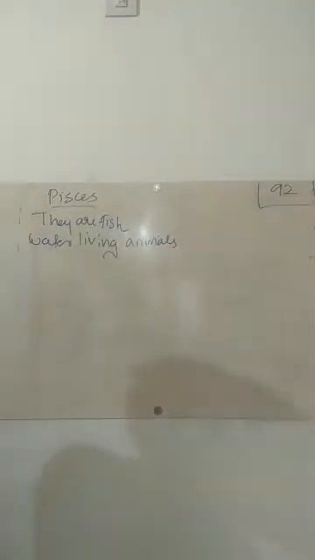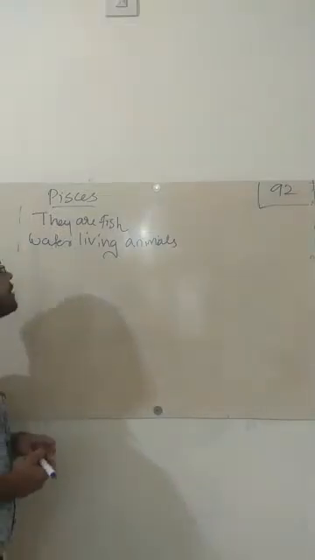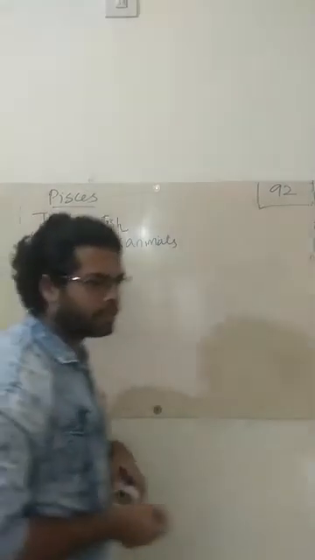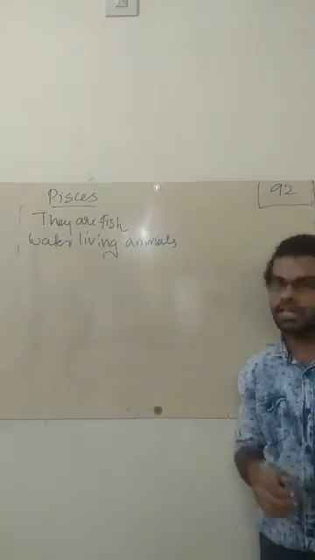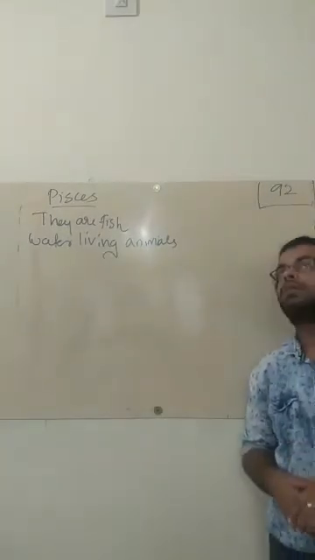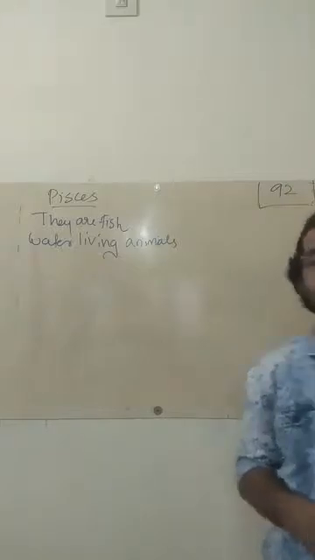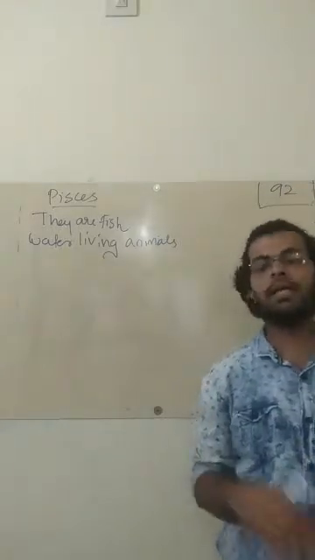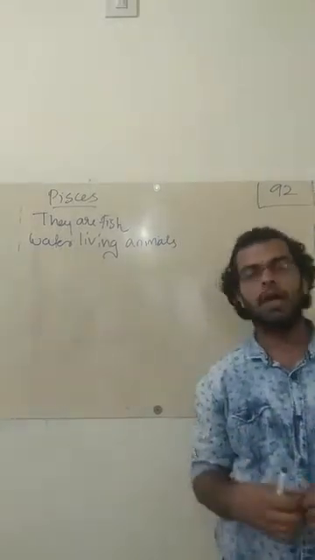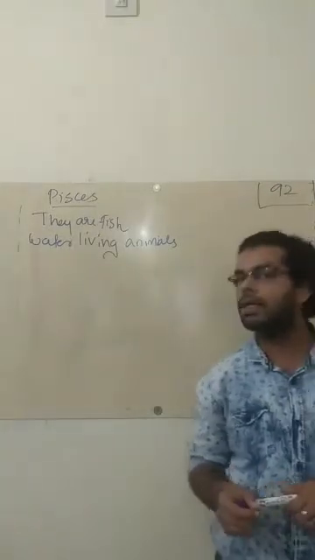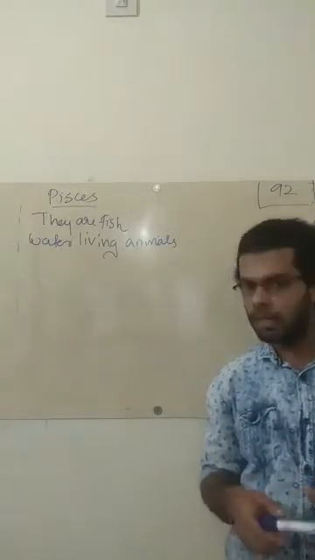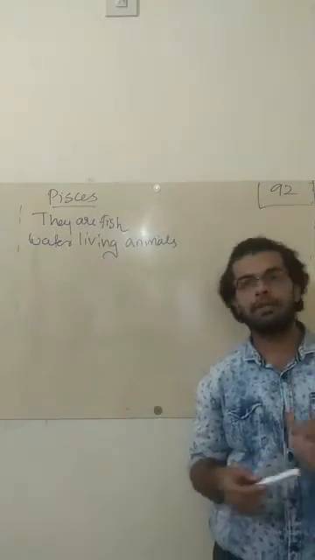When we are saying about fishes, I think you have all seen the fishes and you know the common characteristics of the fishes. When we are saying about the amphibians, they can live in both land and water. They can take oxygen from the land and water. But fishes are only seen in water. They are water living animals.